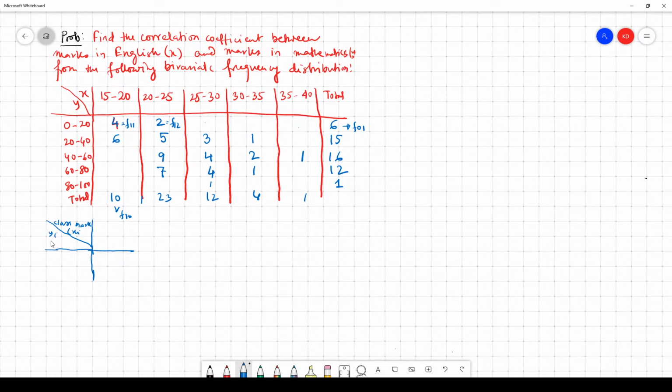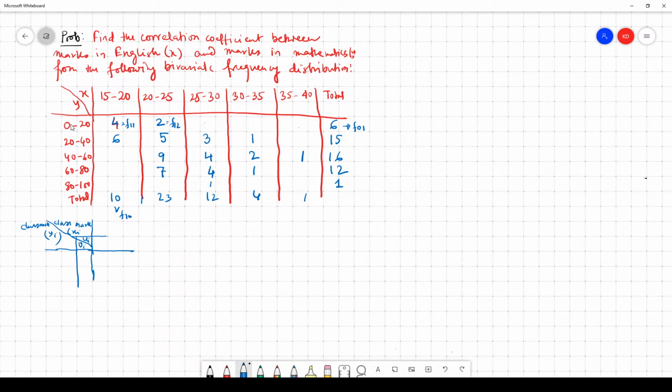Yi is the class marks of Y. Please write this. Here is ui, this is ui, and this is vi.